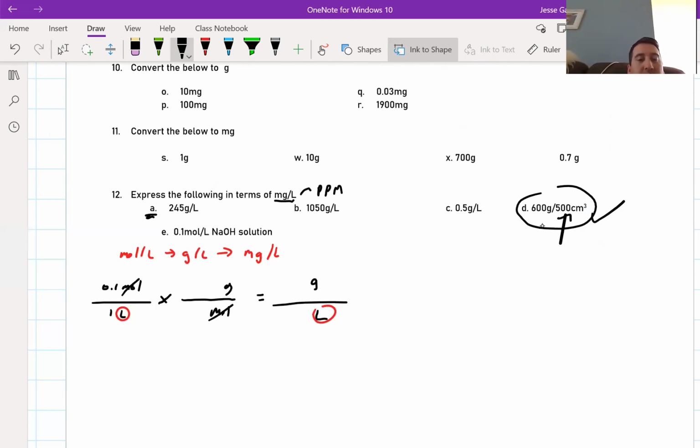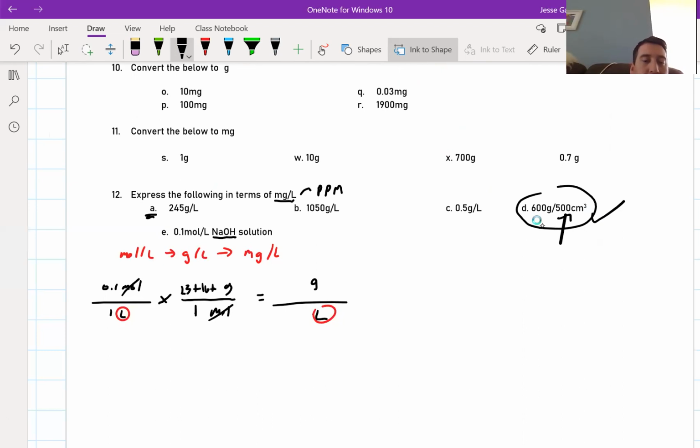So what's my relationship between grams and moles? Well, that depends on the substance. The substance is NaOH. So for every 1 mole, I'm going to have to find the mass of that substance. So 23 for the sodium atom, plus 16 for the oxygen atom, plus 1 for the hydrogen atom.